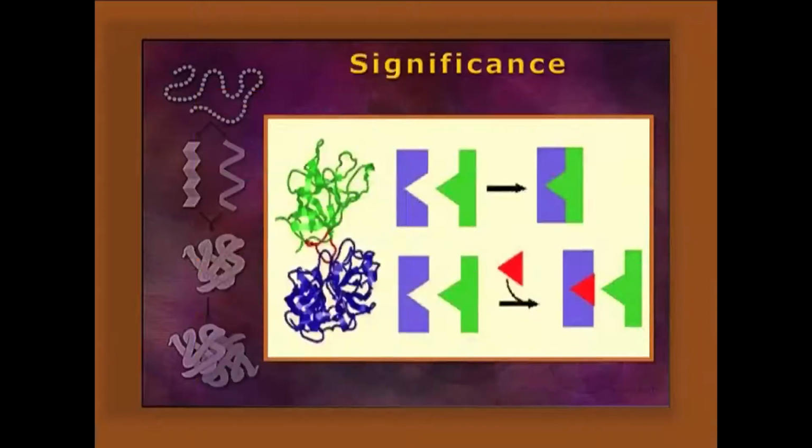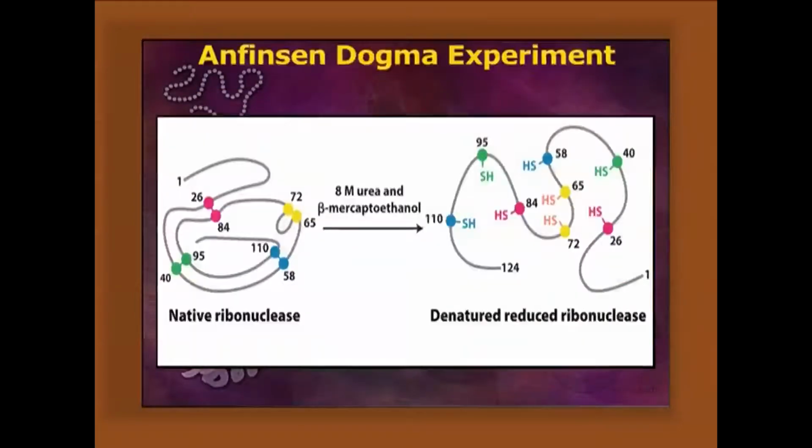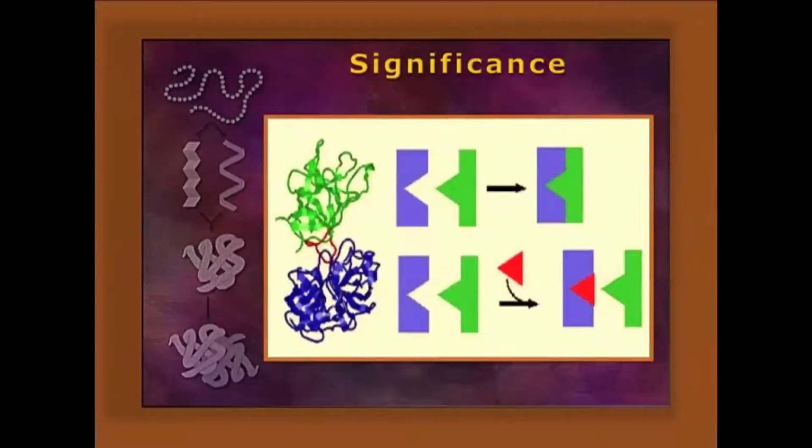Significance. We can see from the Anfinsen dogma experiment that only within the polypeptide chain is the particular message on how to fold given and carried. Now there are different propensities of alpha helices and beta sheets, how they will fold, and ultimately that is the co-assembly of the subunits together, involving protein assembly and subunit interaction, maybe single domain or multi-domain, having different types of homopolymeric or heteropolymeric interaction.